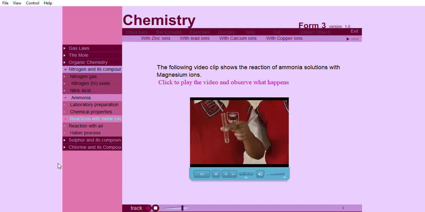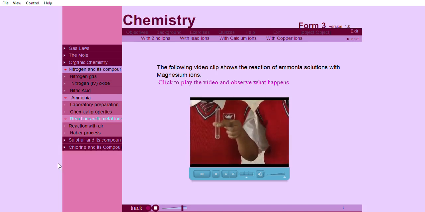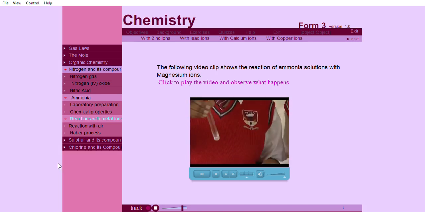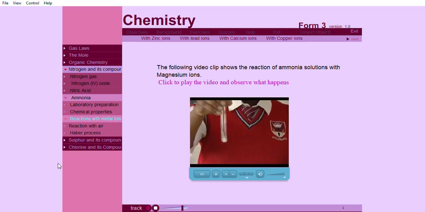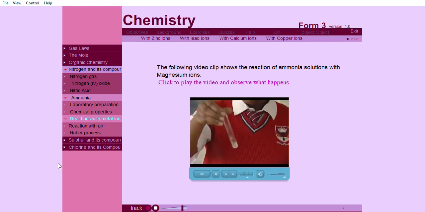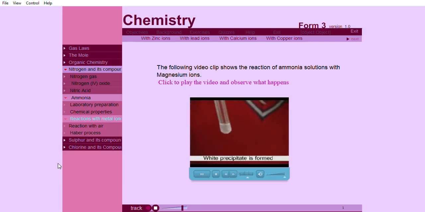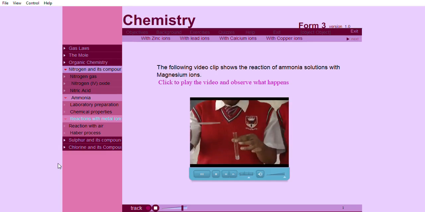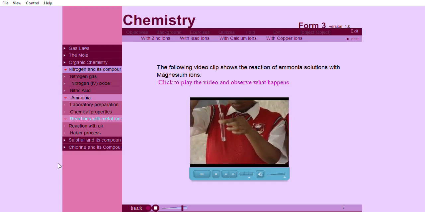Add 2 drops of ammonia solution and shake for about 30 seconds. Add excess ammonia and observe what happens.